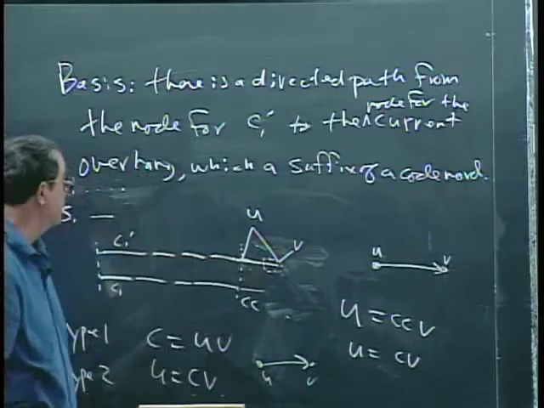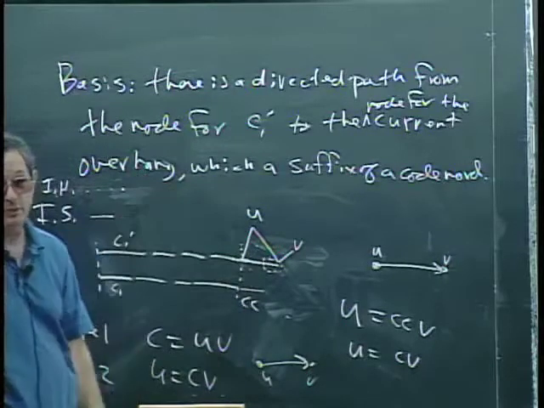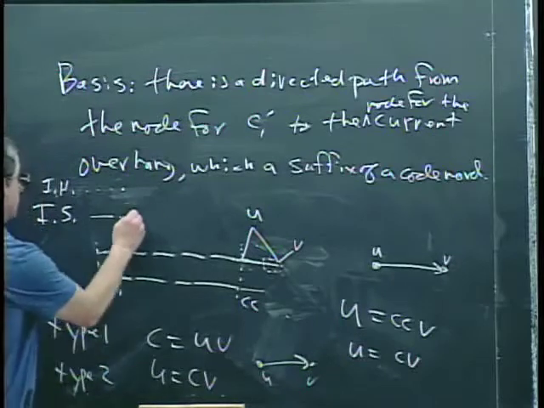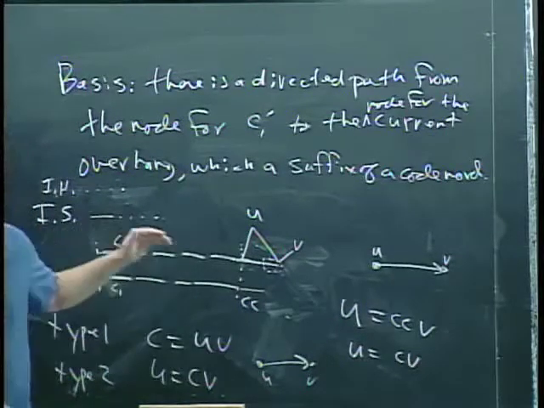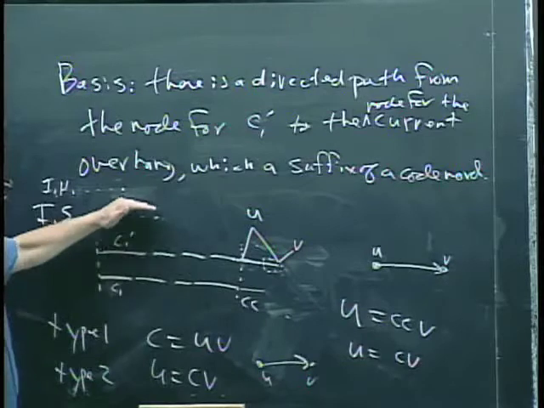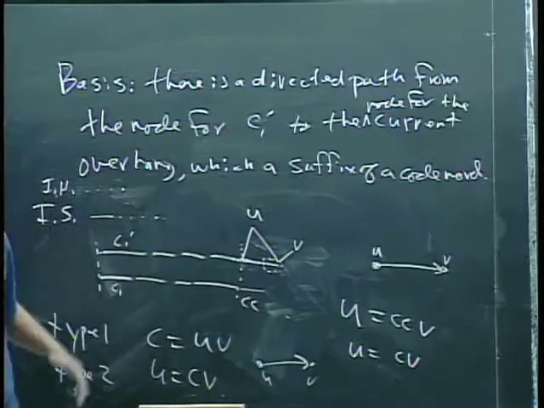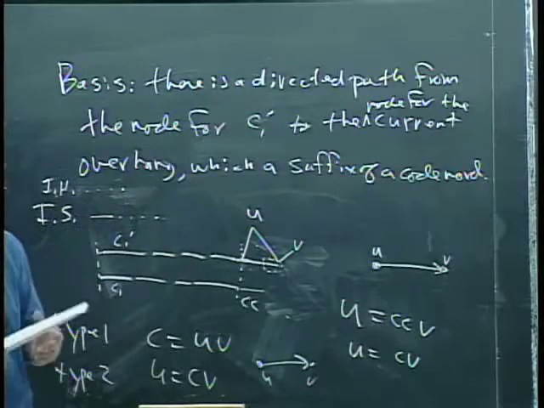V is the current overhang, which is a suffix of a code word. So, write down everything I just said, and you have the argument for the inductive step. And that's written down in the notes.